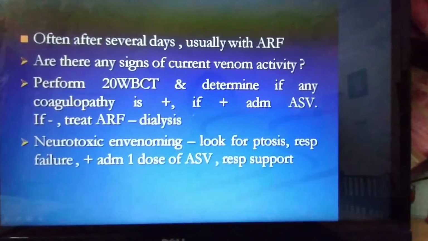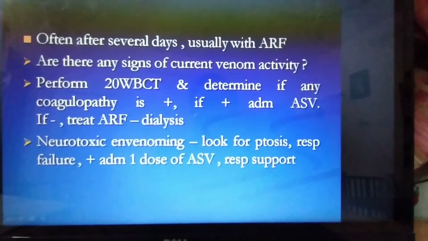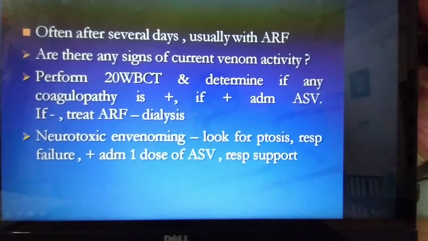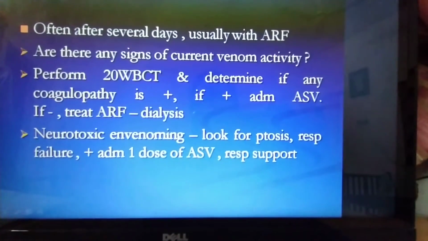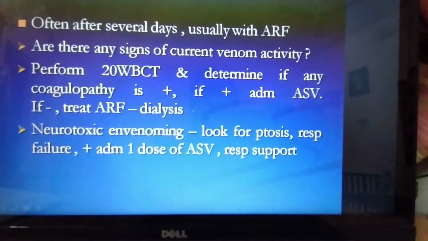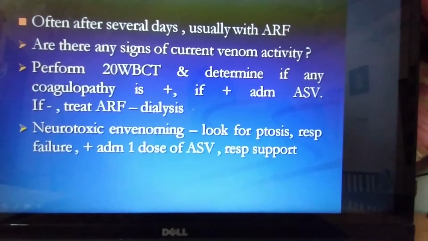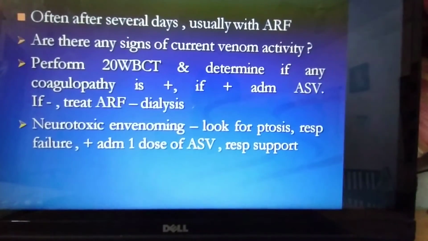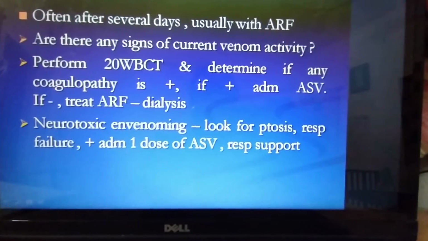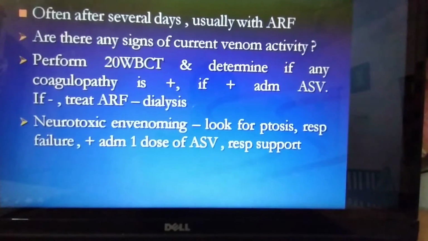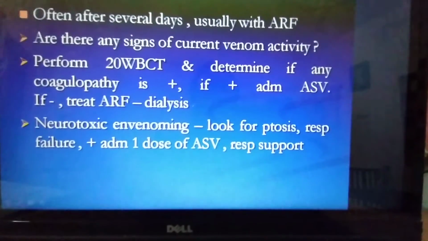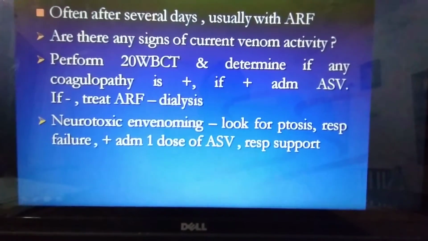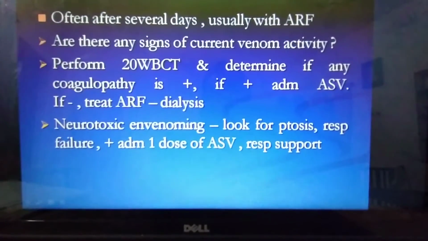Perform the 20-minute whole blood clotting test and determine if there is any coagulopathy or other symptoms. If coagulopathy plus other symptoms are there, you can go for anti-snake venom. But an important thing: if the patient has ARF, acute renal failure, go for dialysis immediately.